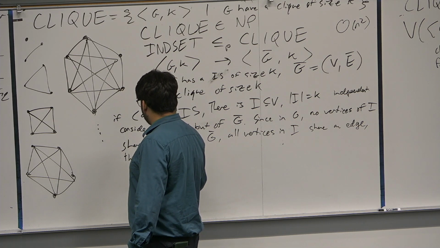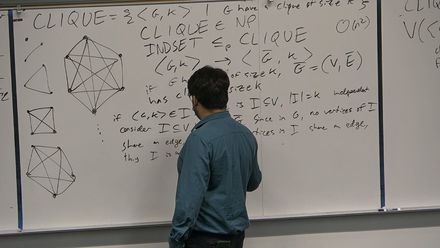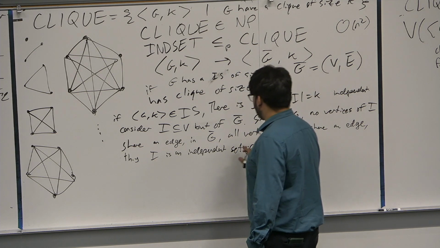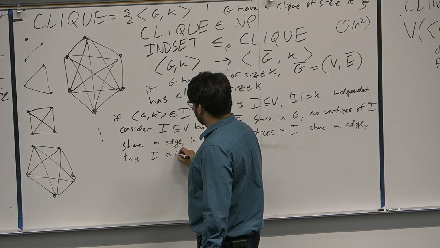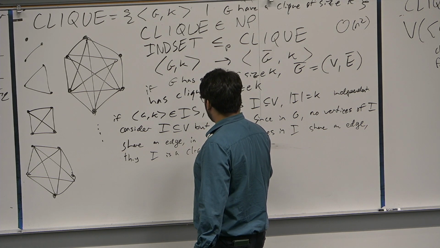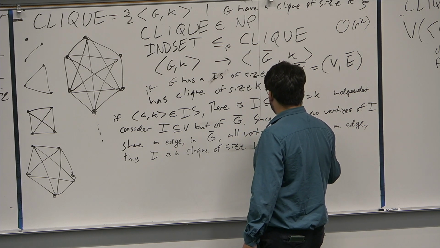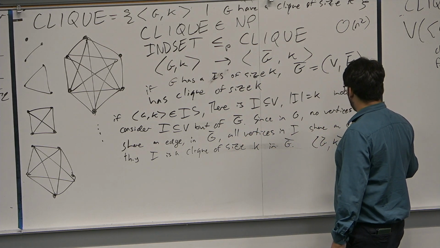Thus, I is an independent set of size, excuse me, nope. I is a clique of size K in G complement. So G complement, comma K is an element of clique.